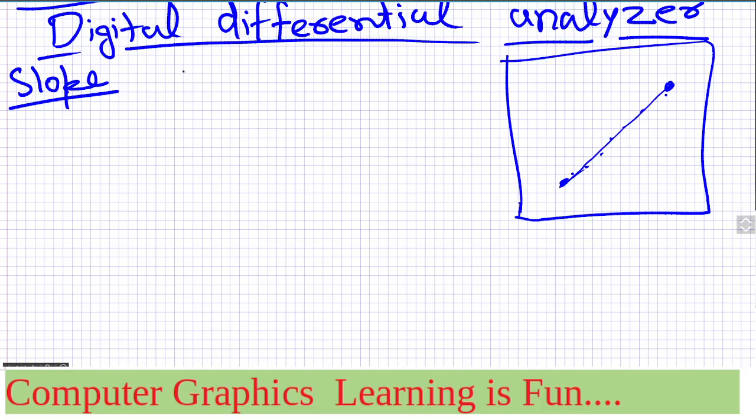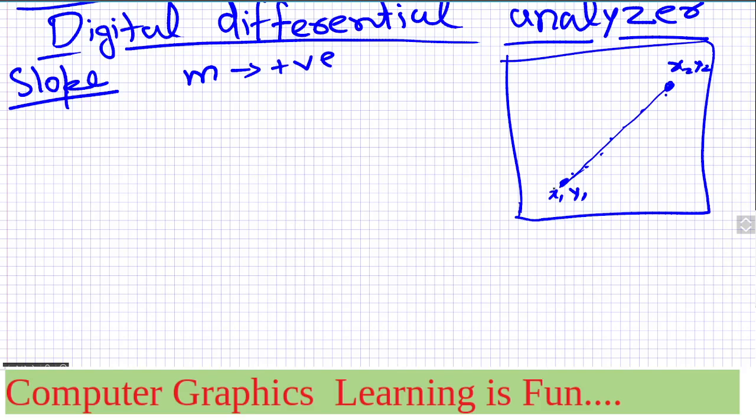Slope positive means the m value is positive. This is an example of a positive slope, where from x1 y1 to reach x2 y2 both the values are increasing. And in a negative slope, what will happen? It will come down, from x1 y1 it will come down towards x2 y2.